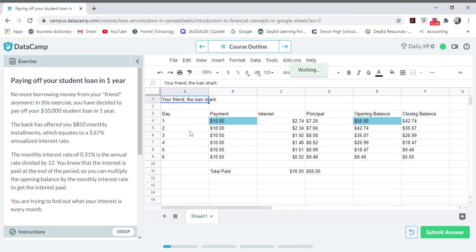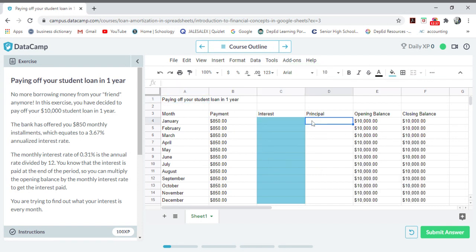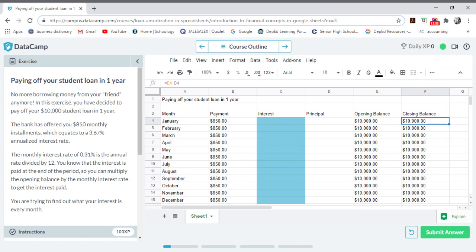Well, they also have a solution for it. They have here the interest, the principal, the opening balance, the closing balance. So this is an example. You could try it whenever you have time. Just use this website. And thank you, everyone.